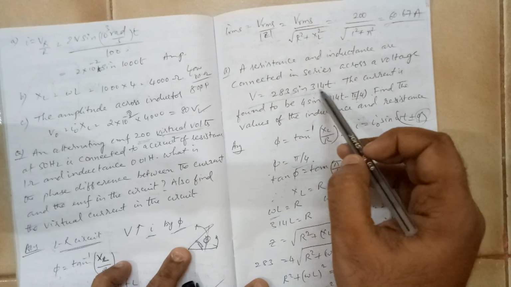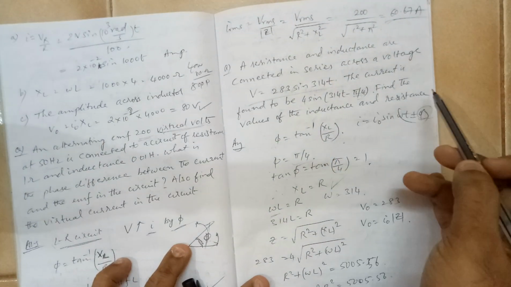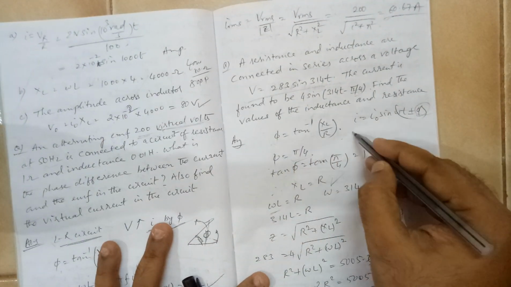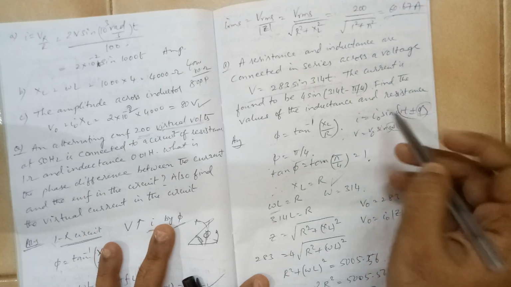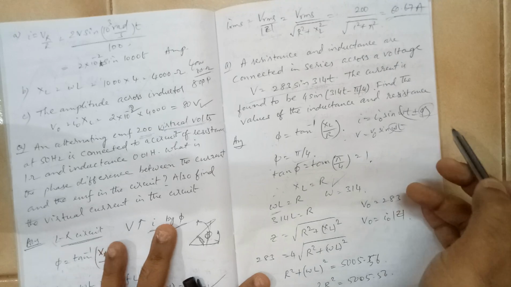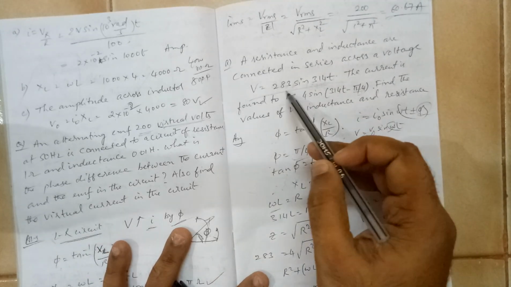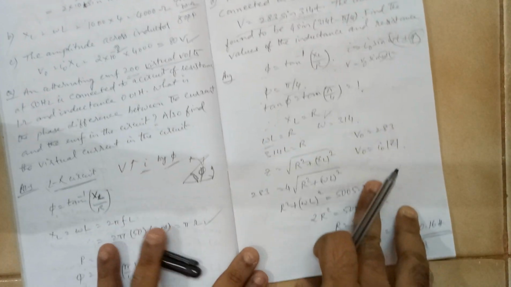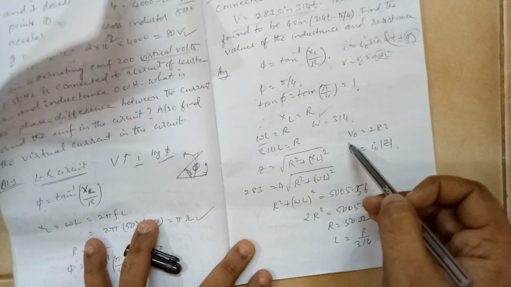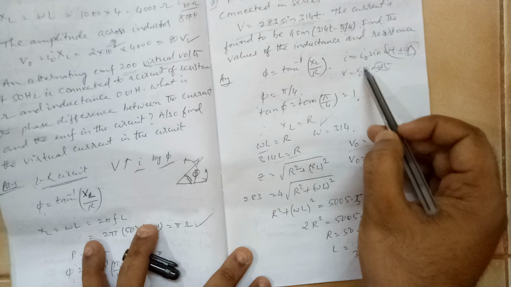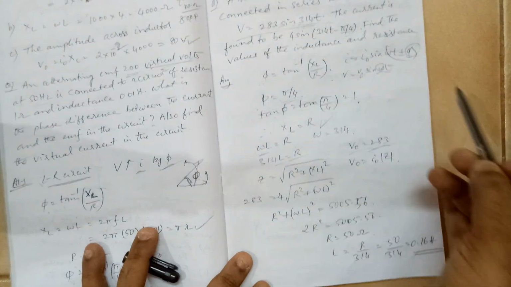The omega value, again you can get it from this equation, it is 314. By taking this equation, V is equal to V0 into sine omega t, this omega value is matching with this, and here the peak value also is given, 283. Yeah, so 314L is equal to R. V0 is equal to 283 because this is the peak value.